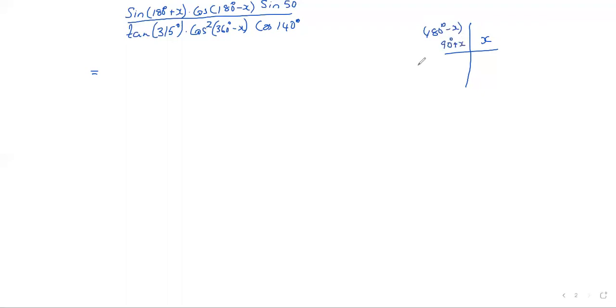This will be 180 plus x, or 270 degrees minus x. And this one will be 270 plus x, or 360 minus x.